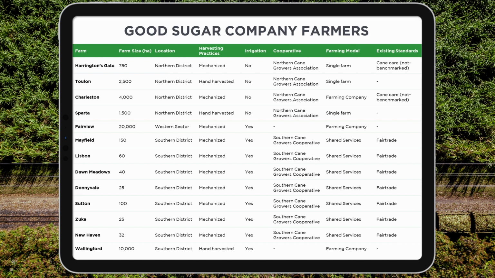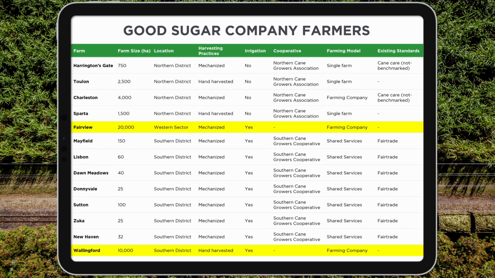Another thing I'd like to draw your attention to are these two farms. You can see that these are big farms and they are in separate locations. They use different approaches to harvesting, but they are both irrigating. Now, neither of them are part of a cooperative, and they are both farming companies.